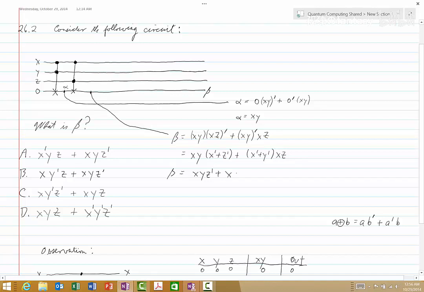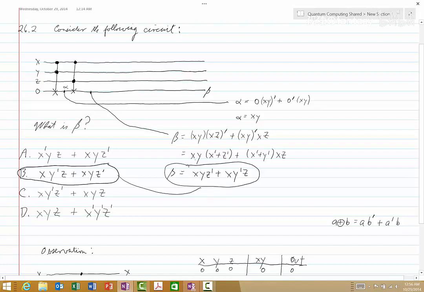So xy prime z. And you notice then that this answer agrees exactly with answer B. So this is how you could have done this problem without the use of the truth table.